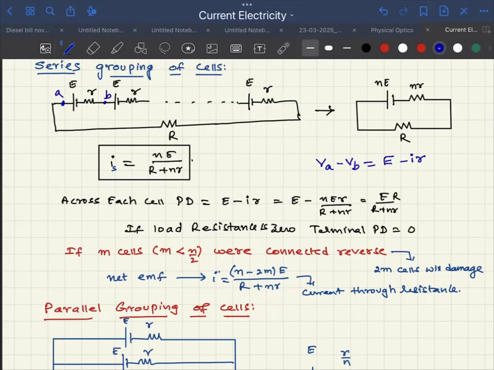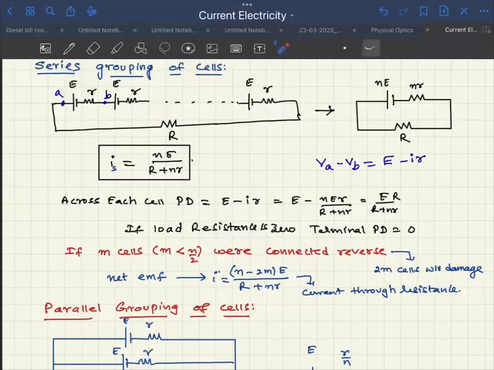When the battery is under charging, the terminal PD is given as E plus Ir. Now, in E minus Ir, try to substitute the given data. By substituting this data here, I get E into small r by capital R plus n small r. Okay? Fine. Suppose there is no resistance.